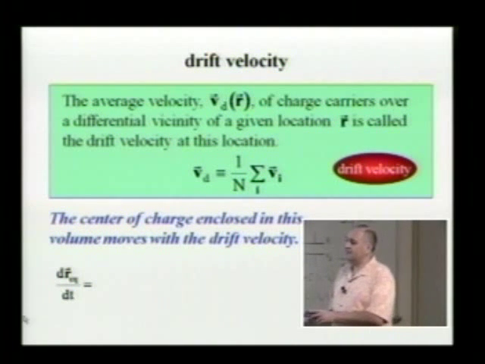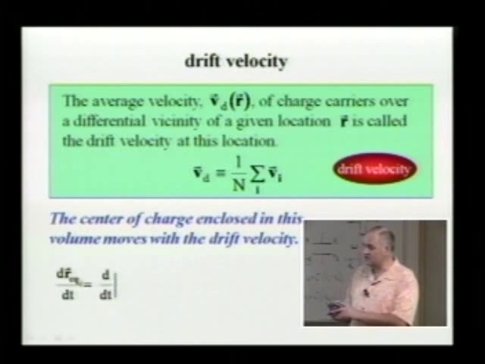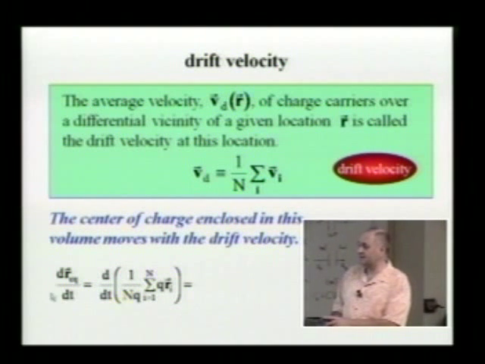So let's calculate the rate at which the center of charge moves, the velocity with which it is traveling. According to the definition of velocity, I have to take the time derivative of that center of charge.